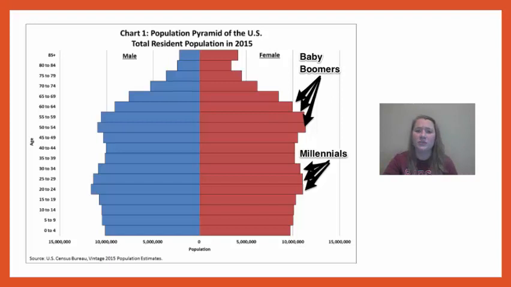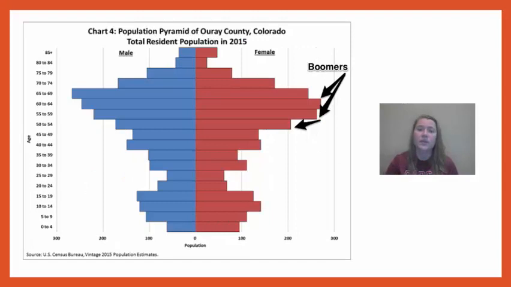If we zoom into individual counties within the United States, we can start to see some interesting trends. So this pyramid here shows Ouray County in Colorado. This is a county that is relatively rural, it's nestled up into the mountains, and we see a very large population of baby boomers. And then we see it really decline into that Generation X, but there's another bump with the Gen Z, so the younger people. Now, we can use this information to think about what is happening in that particular location.